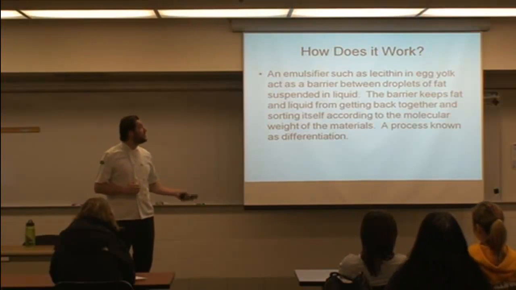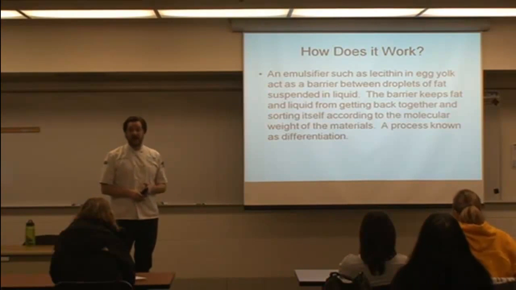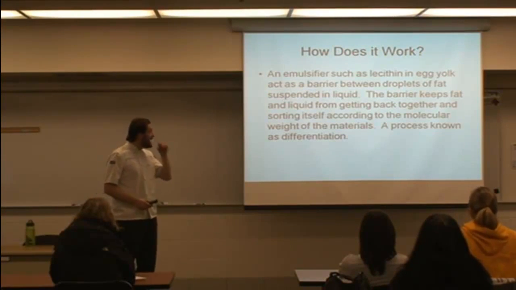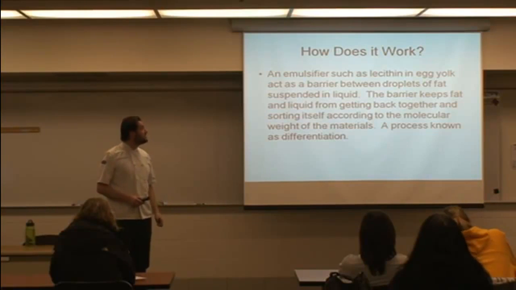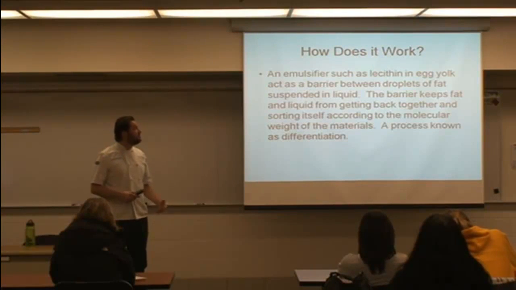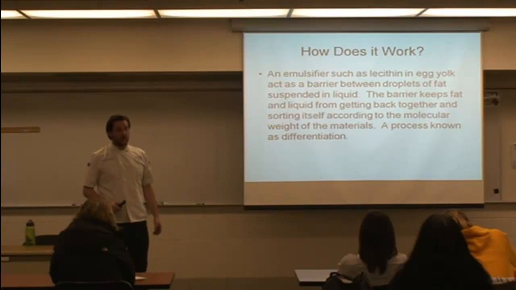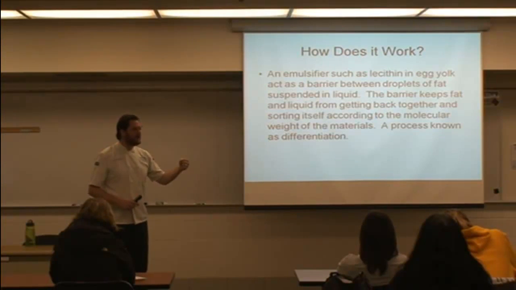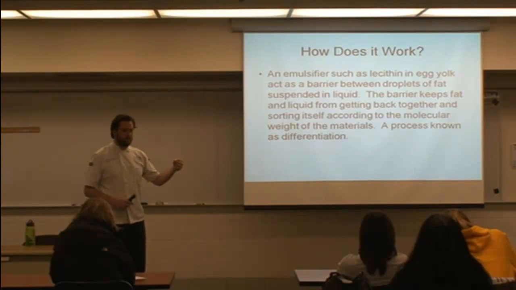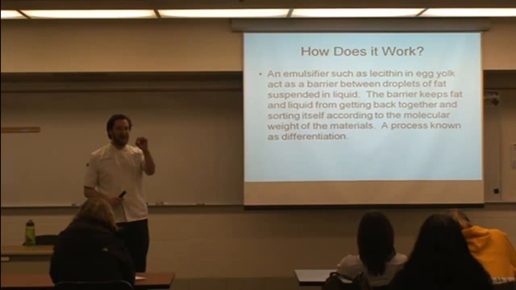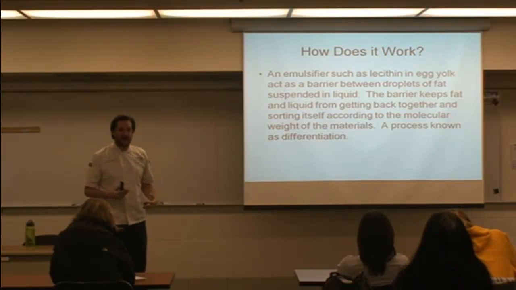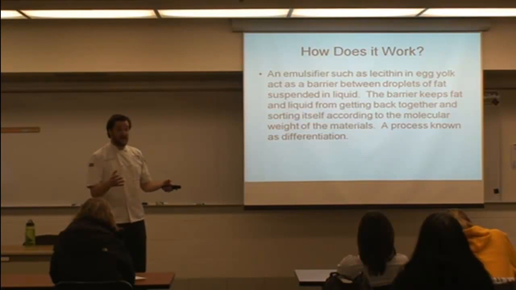How does it work? An emulsifier such as lecithin in egg yolk acts as a barrier between droplets of fat suspended in liquid. The barrier keeps the fat in that liquid from getting back together. Right? So we shake up that vinaigrette and we get those little pockets of fat that are suspended within that aqueous solution. We look at it, it kind of looks a little bit on the shiny side, right?